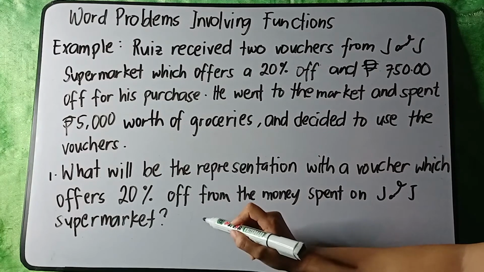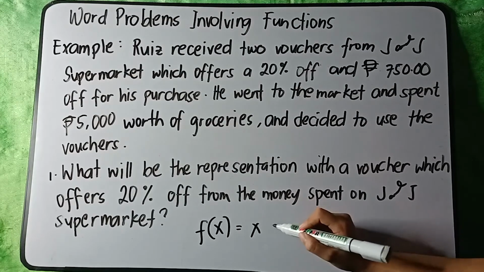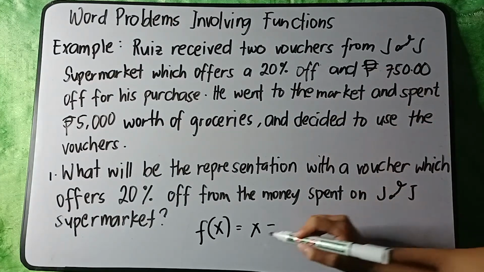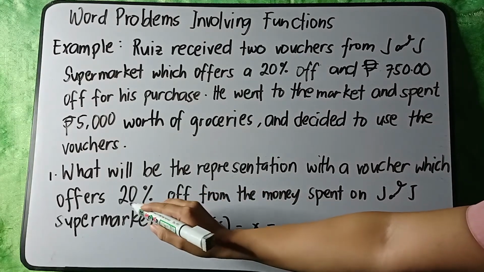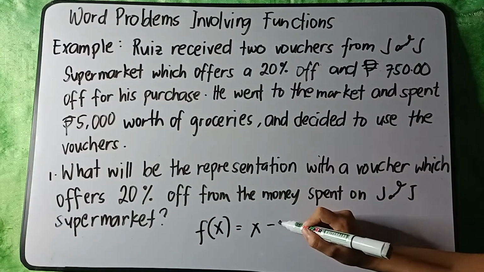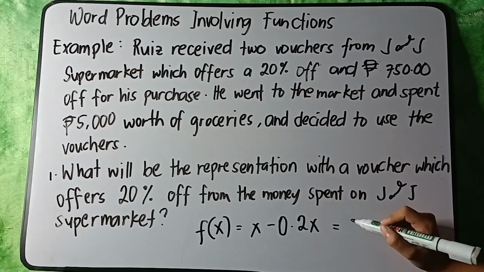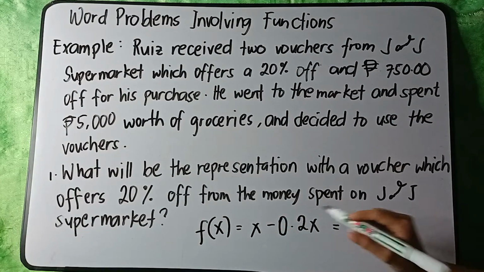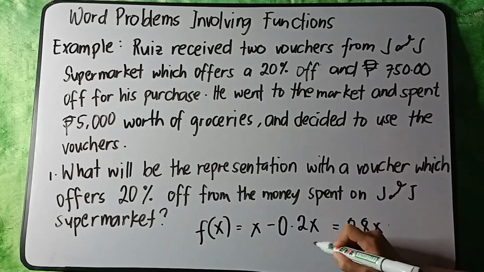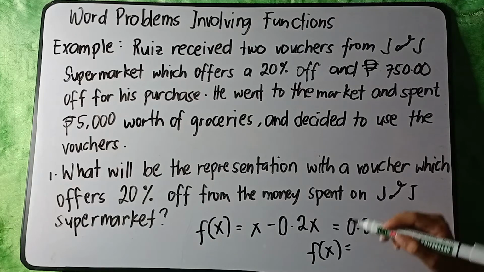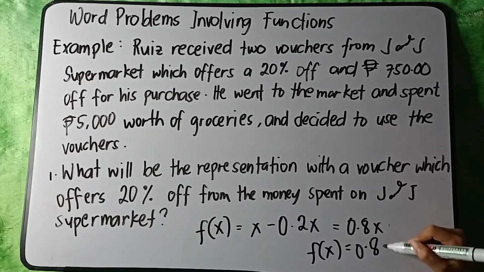So, we have f of x equals x minus the 20% of the amount that you are going to purchase, because there is a discount of 20%. So minus 20% is 0.2x. So we have f of x equals 1 minus 0.2, that is 0.8x. So this is our f of x, the function that represents your voucher which offers 20%.